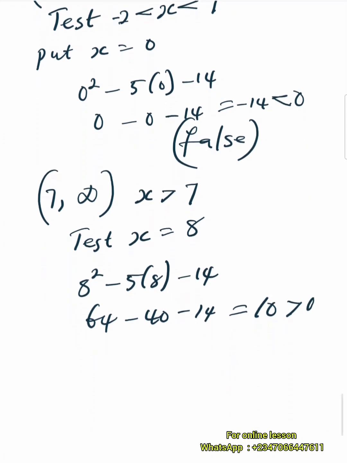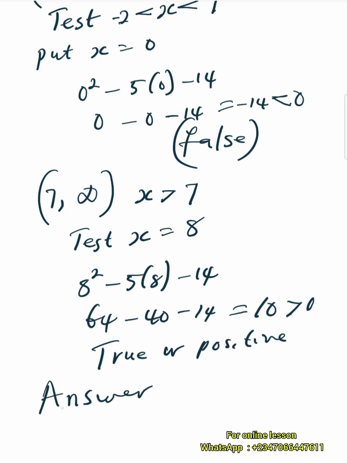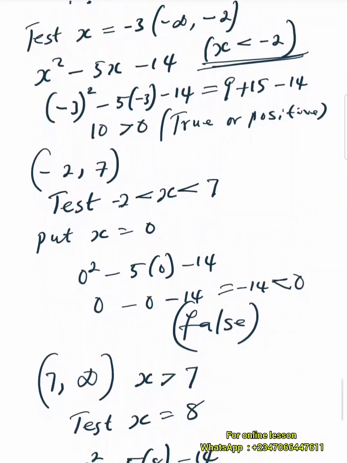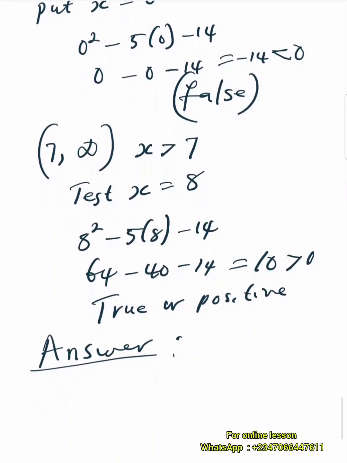So therefore, this one is true. Every set of values here can be taken. So it is positive, and we take the values from here. Now, our required solution, your answer to this question: the first place where we take values is where x is less than negative 2.